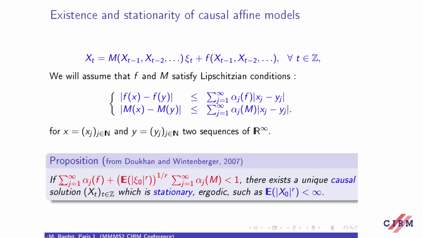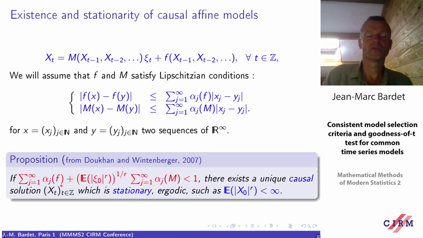That is, this condition is that the sum of alpha j of f plus the sum of alpha j of m times the norm of xi_0 is strictly less than 1.